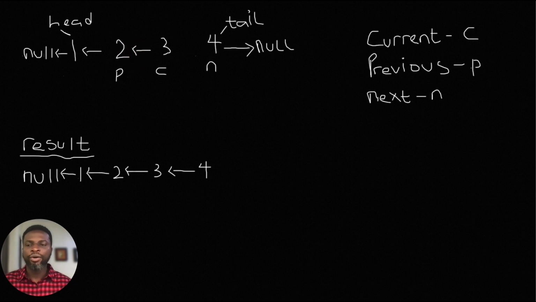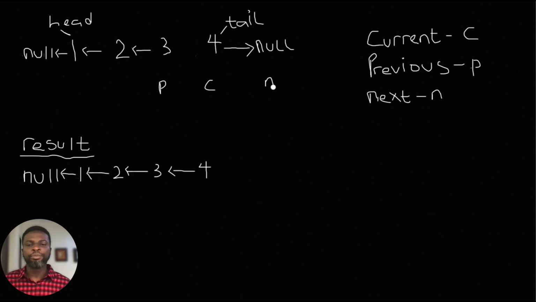After reversing the current node, I'll move the previous pointer to the next node after it. Then I'll move the current pointer to node 4. And I'll move the next pointer to null.